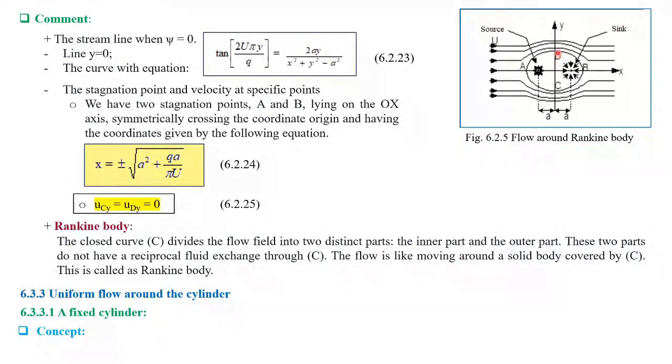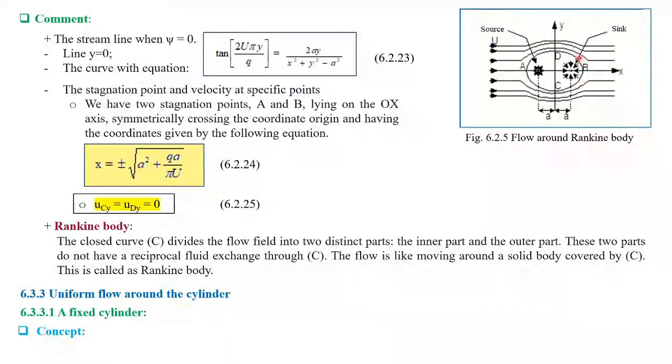Just U_Dx and U_Cx have the maximum value here. For the stagnation points, I give you the formula to calculate points A and B. You use plus for B and minus for A.